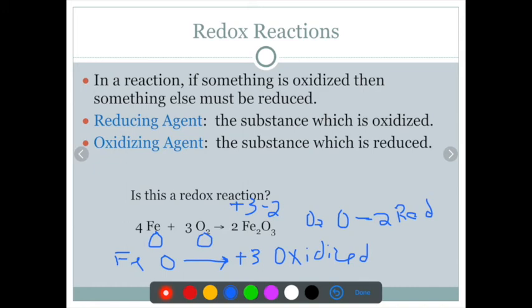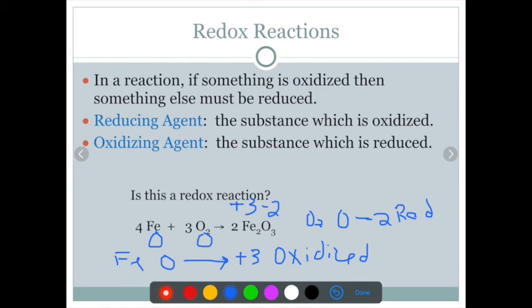Now why we say that is because the agent part of it is completely opposite. Okay, so if something's being reduced, it's because the other thing was oxidized. So we call the oxidized element the reducing agent because it's allowed for the reducing to take place.